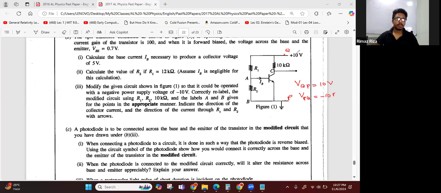So now I want to make this minus 10 and then modify the circuit. My intuition says I just need to turn the circuit upside down, and here it's minus 10, and then the 10 kilo ohm will come here, R1 and R2 should change. That's what my intuition says. Logically, that is the answer.